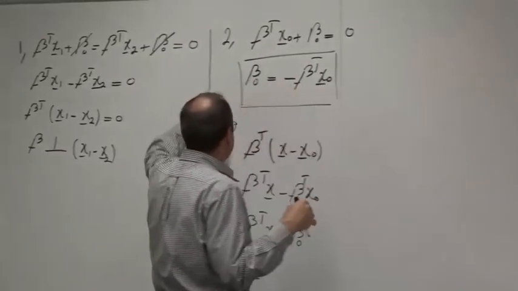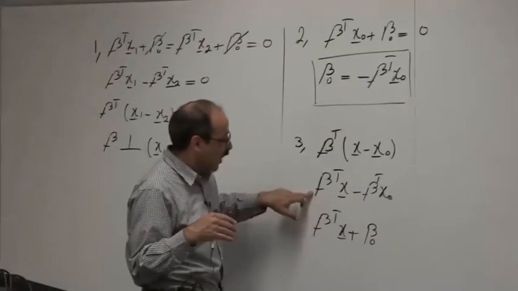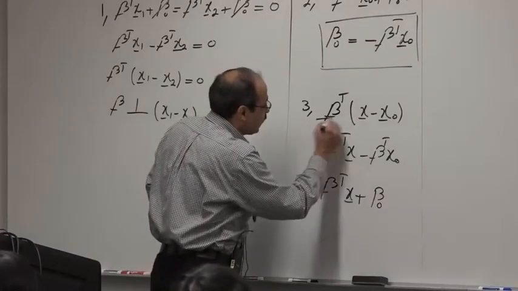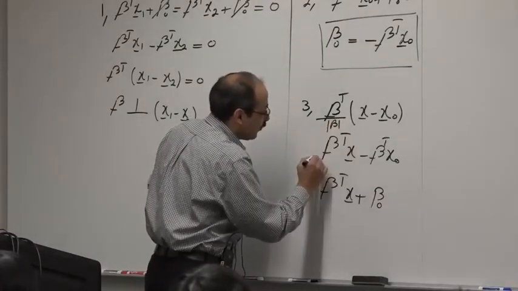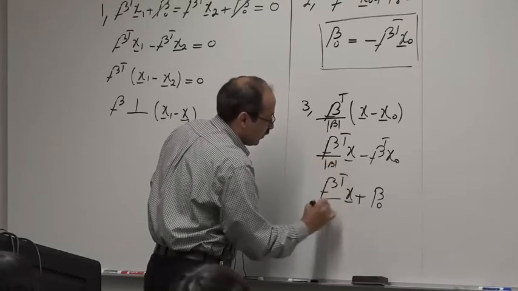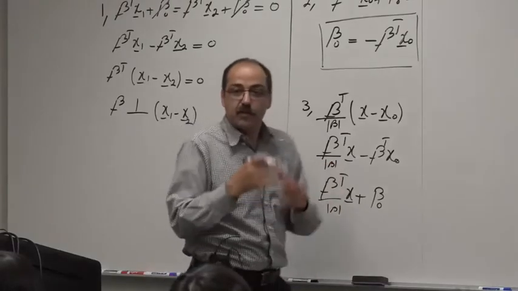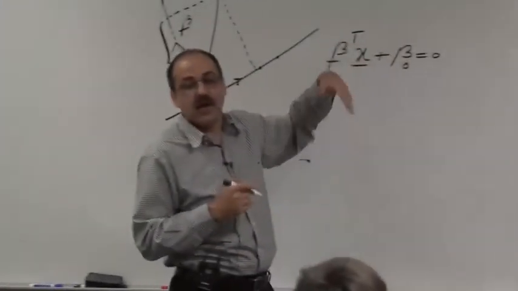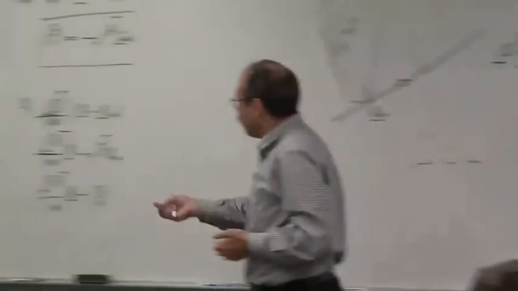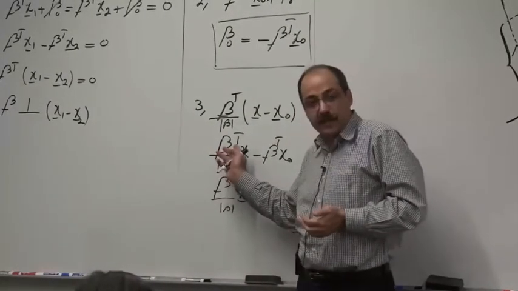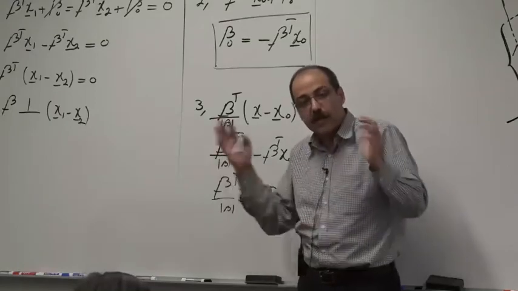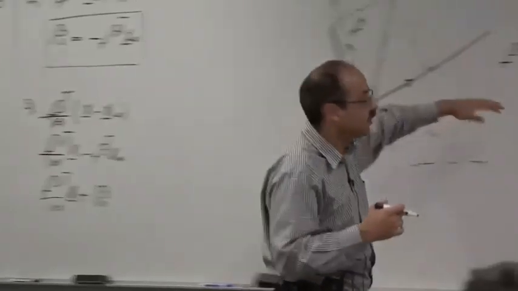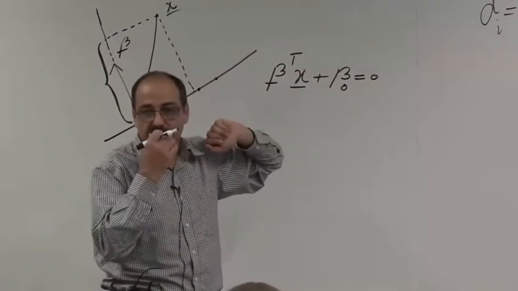When we are talking about distance here, you have to make sure that beta is normalized, meaning that beta should be divided by the norm of beta. Everything needs to be normalized. But I simply assume that these betas are normalized. Whatever the beta is, divide by the norm of beta, I call it beta. I assume that these betas are normalized. But you're right, it's supposed to be normalized.